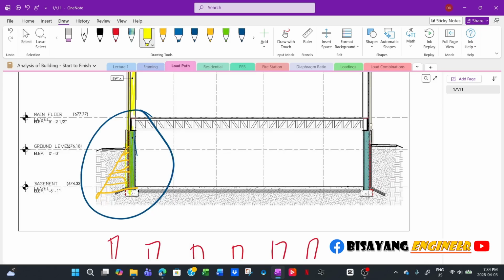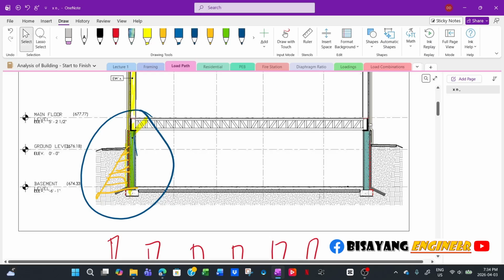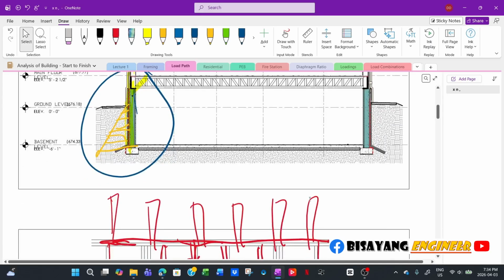And if you have lateral load, it will be acting on your wall and then back to the floor level, and your floor acts as a horizontal beam, like a diaphragm. Then it will transfer to the side walls acting as shear walls, and then transfer that back to the foundation.